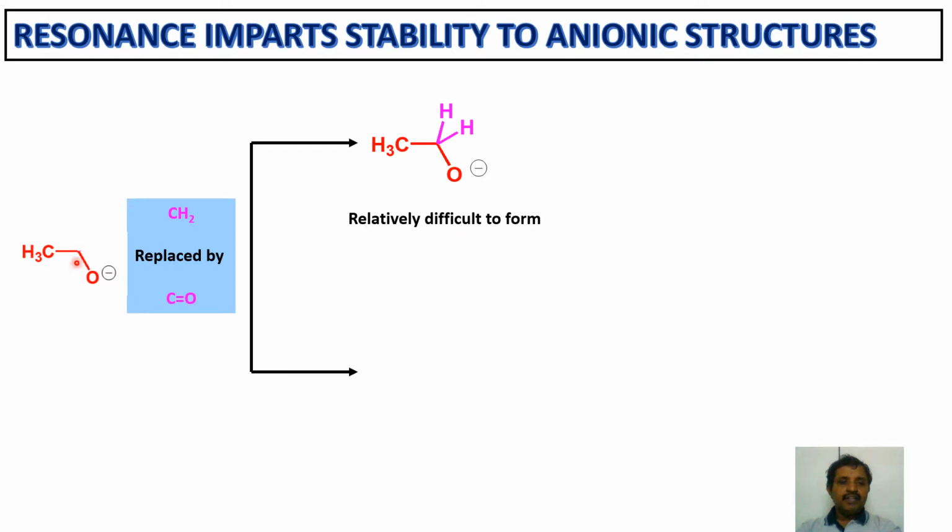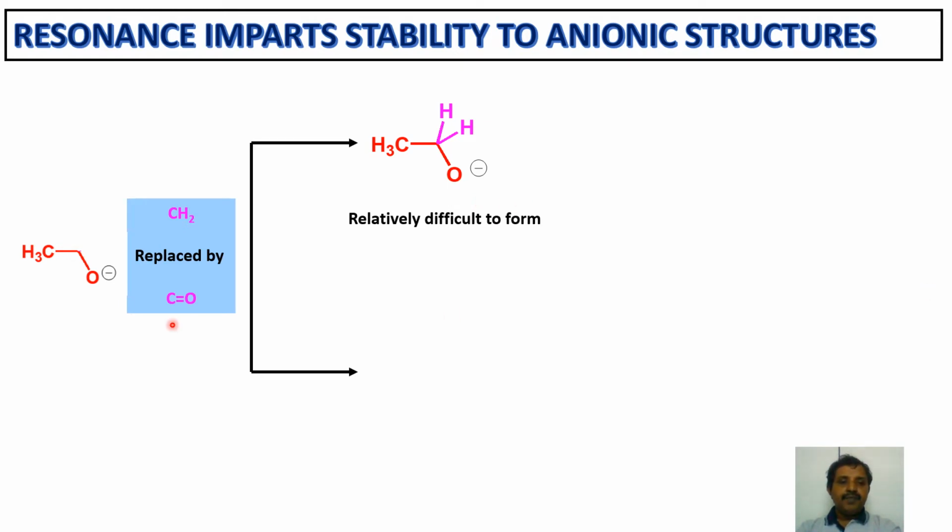Here, when this carbon atom is substituted with the CH2 group, it is relatively difficult to form this structure. It is this type of structure, that is ethoxide. This ethoxide molecule is less stable.